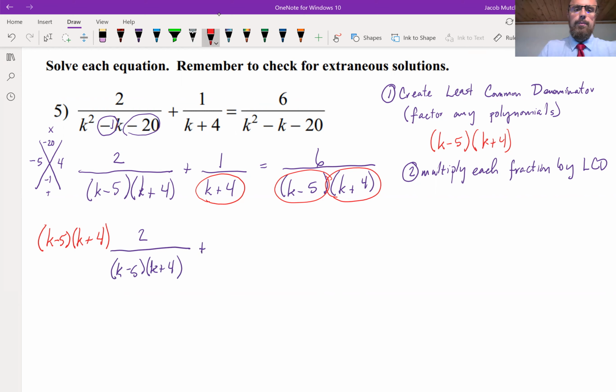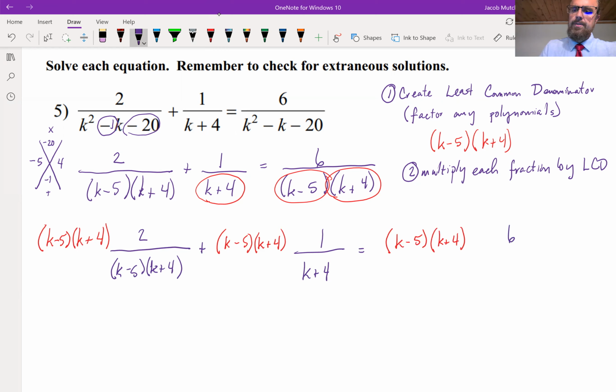Plus, I'll also multiply my second fraction by the same k minus 5, k plus 4. And that fraction was 1 over k plus 4 equals, and then a third multiplication times my LCD, my least common denominator, k minus 5 times k plus 4.